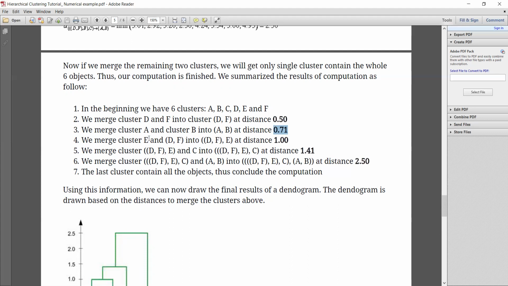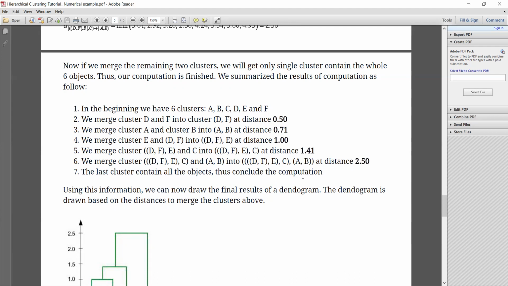Then we merged cluster E and DF into DFE at distance 1. Then in the next iteration, we merged DFE with C at distance 1.41. Then we merged the cluster DFEC with AB at distance 2.50. And the last cluster contains all the objects.